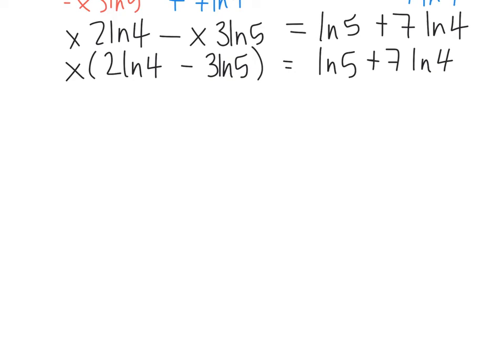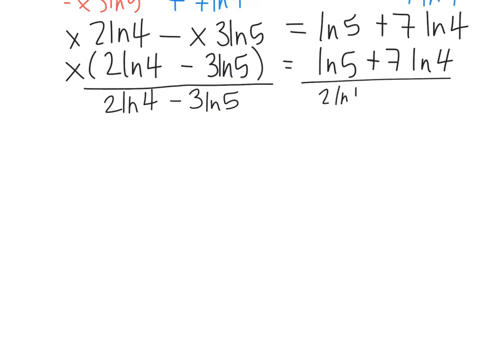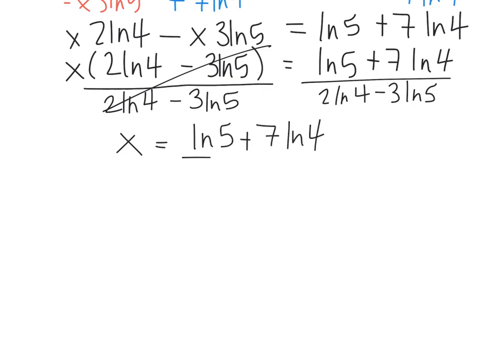Now, to get x by itself, I have x multiplied by something, so I always have to do the opposite operation: divide by 2 ln 4 minus 3 ln 5. So my final exact answer for x is ln of 5 plus 7 ln 4 divided by 2 ln 4 minus 3 ln 5.